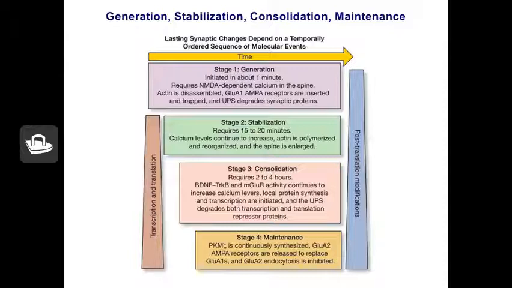And indeed, translational activity must endure even through the 4th long-term maintenance stage, because protein kinase M-zeta is a self-replicating, constitutively active signal at potentiated spines that promotes its own translation from mRNA to keep the potentiation going.